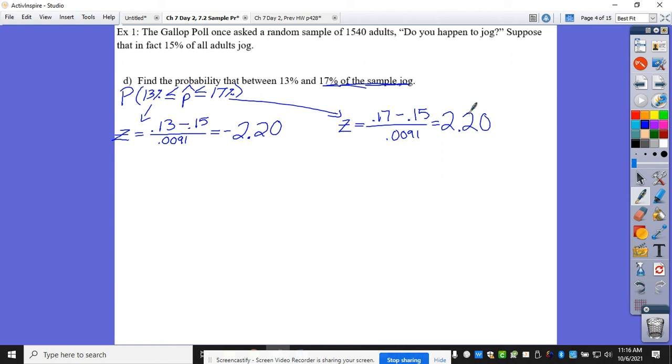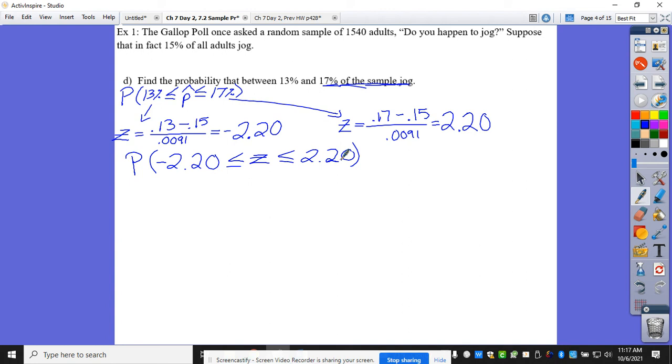Alright, so at this point I've got both my z's. What do I need to show on my paper? The probability, when we rewrite it, the probability of some z-score, that thing being less than z. So that's the exact same process as before. This is what I want to find the probability of. I'm going to convert those to z's, and now I'm going to rewrite it in terms of z's.